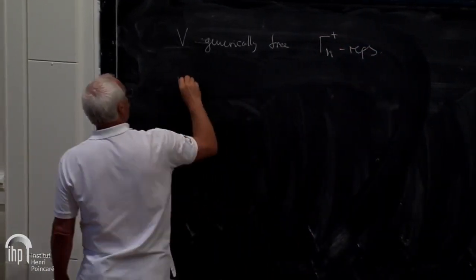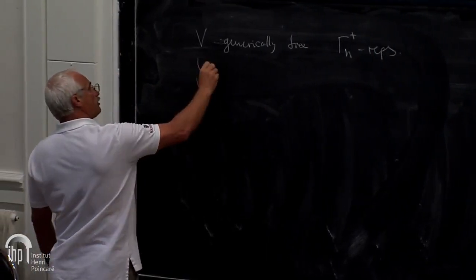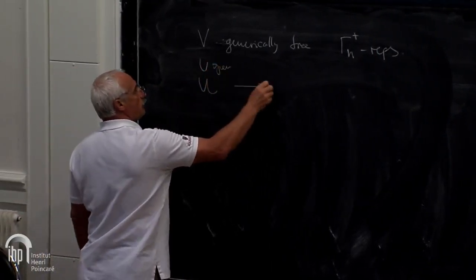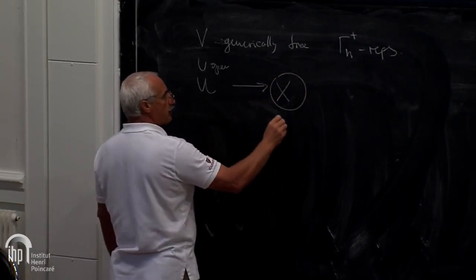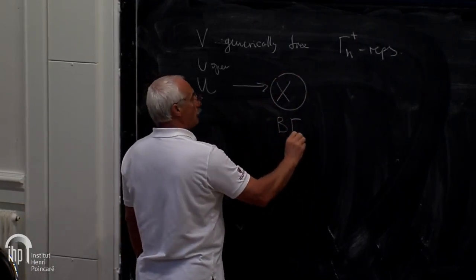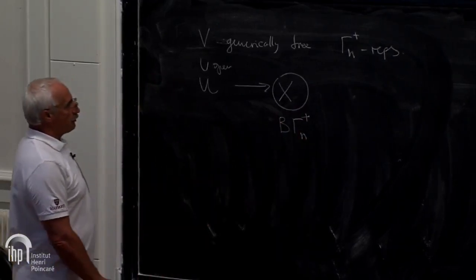Then you can choose an open set in V with a torsor to X. So X is an approximation of the classifying space of the special Clifford group.